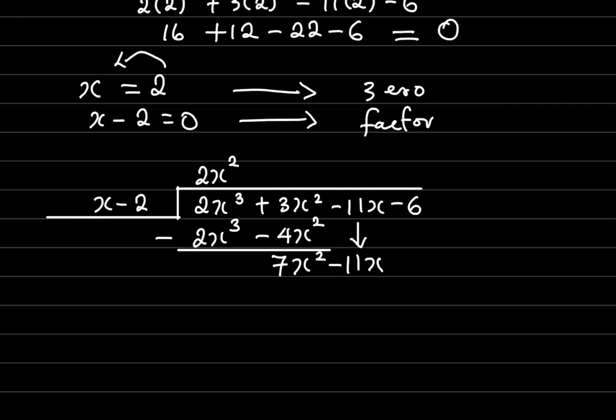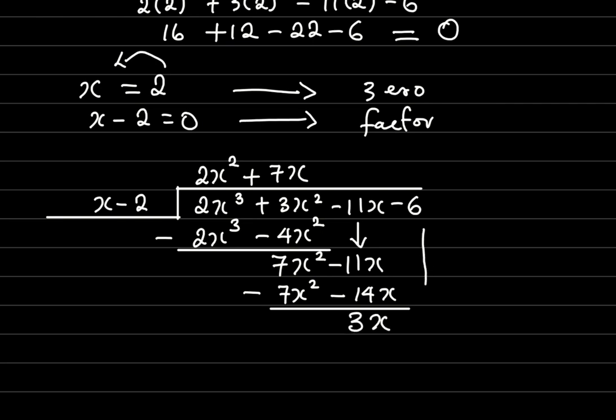Then just like we did in the first case, now we only have plus 7x, so that here we're going to have 7x squared, then minus 14x. Then we subtract again just as we did above, and 7x minus 7x goes, and what we have here will be 3x.